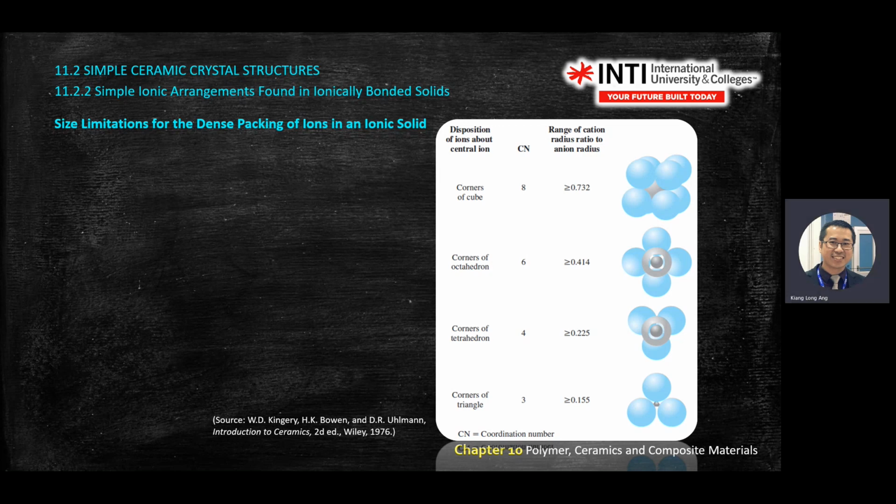Then if your number is 0.4, it will be 6. It will be something like this: a corner of octahedron, which means the surrounding of the positive charge will be 6. Then for the rest, you look at the number and see how many Cn and so on.